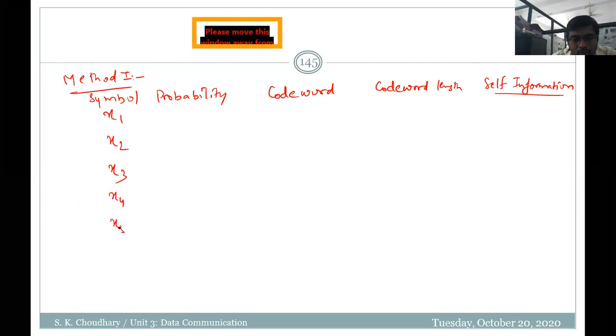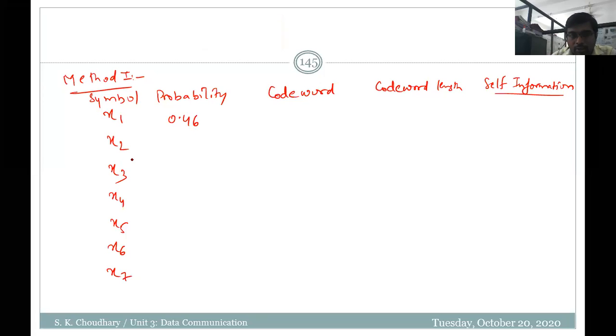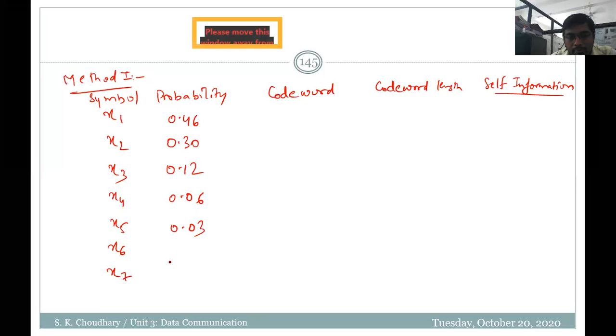In the question it is already given in decreasing order of probability, so it is very easy to arrange. But sometimes that is not given in decreasing order, so you have to arrange according to the decreasing order of probability. Remember this step: arrange the messages in decreasing order of probability.